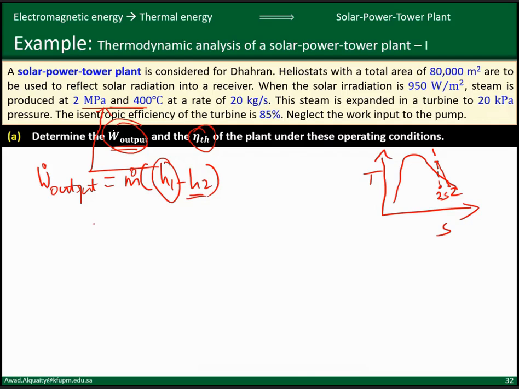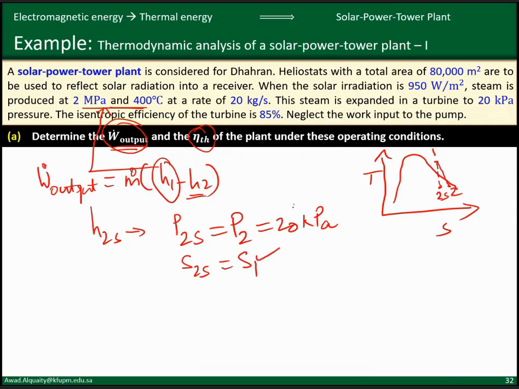So first thing is we need to determine the enthalpy of the isentropic state, H2S. And it can be simply determined because we know the pressure at state 2. Okay, pressure at state 2S is going to be pressure at state 2, which is 20 kilopascal. All right. So for state 2S, which is the isentropic state, we also know that the entropy is going to be equal to S1. So we have the entropy from state 1, we have the pressure.